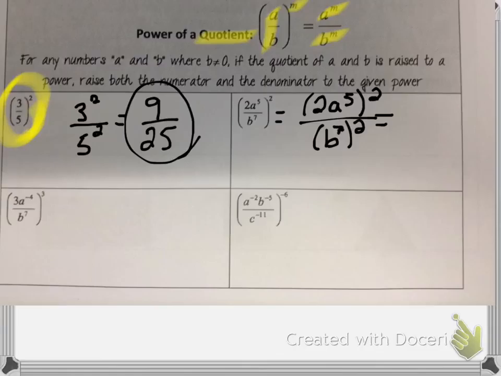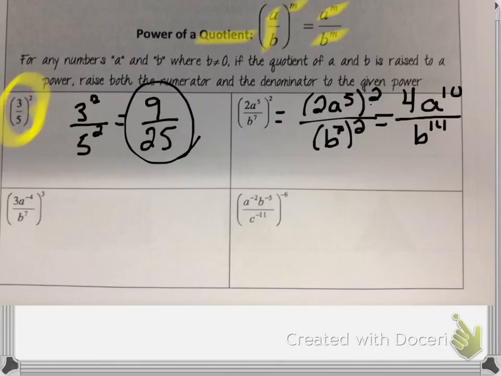So we would end up with 2 squared, and then a to the fifth to the second power. Well, 5 times 2, since it's raised to another power we multiply, would be a to the 10th. On the bottom, it's b to the 7th to the second power, and again multiply, so b to the 14th. And then the only thing you would have to simplify is that 2 to the second is really 4.